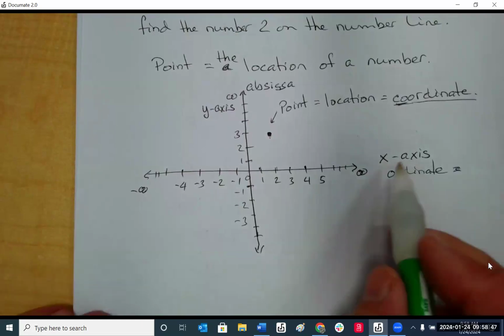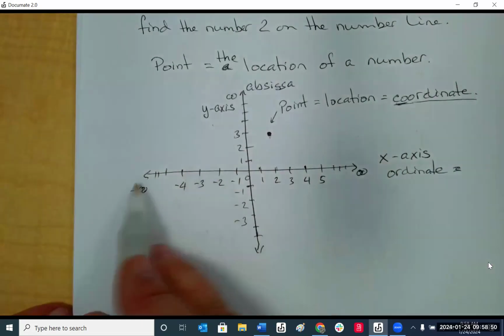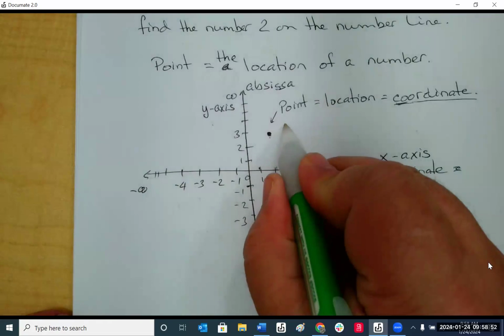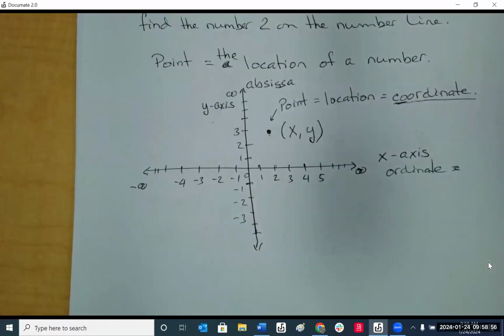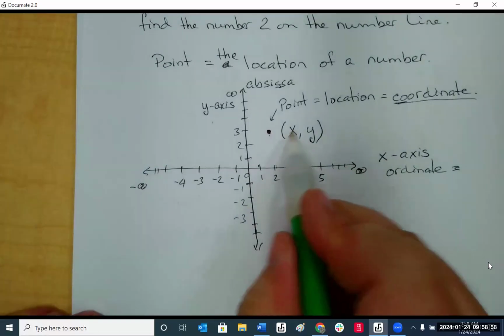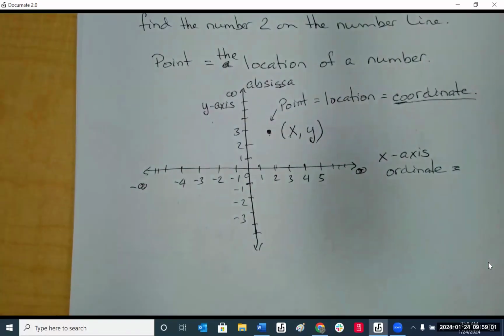Alphabetically, x comes before y. The horizontal line came first. So every point is coordinated the same way. The x comes first, the y comes second, always.